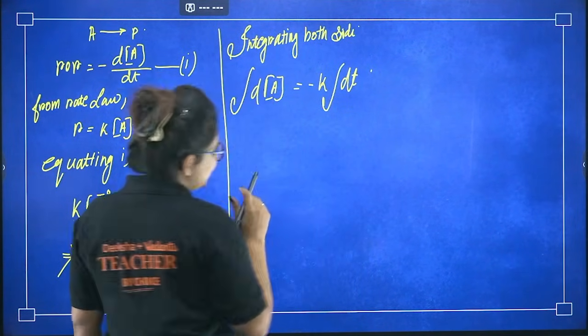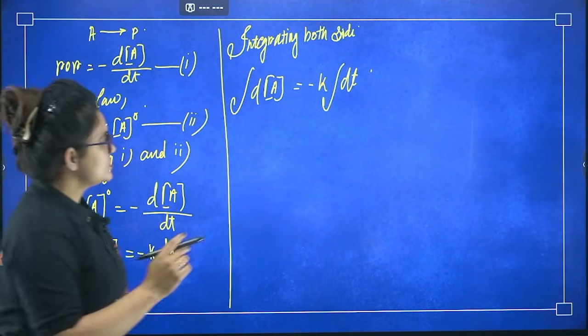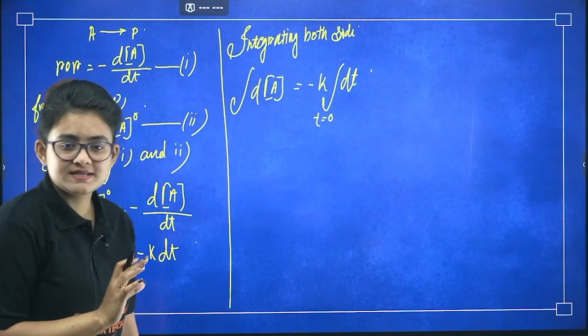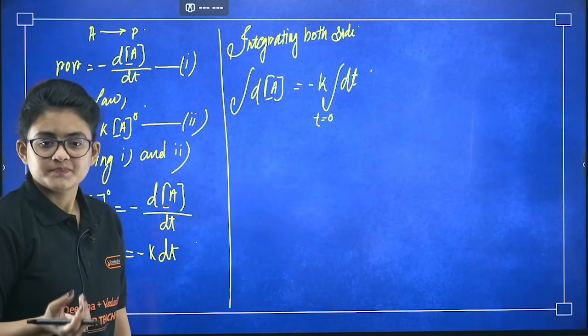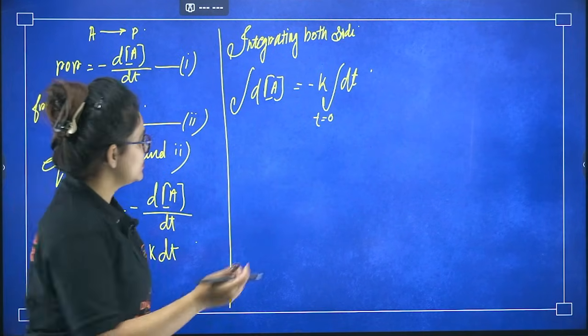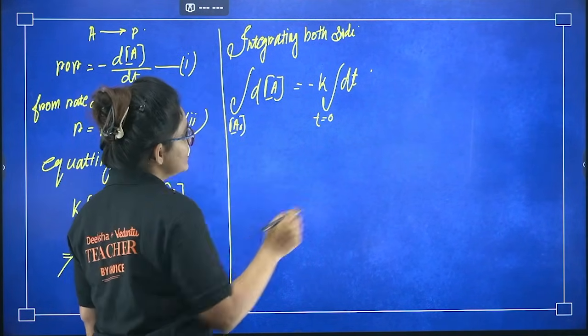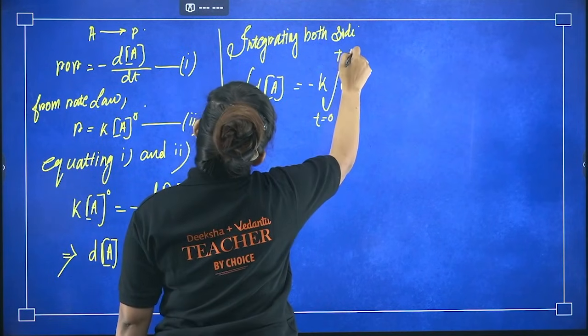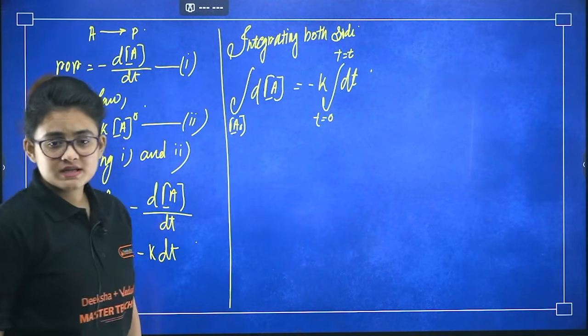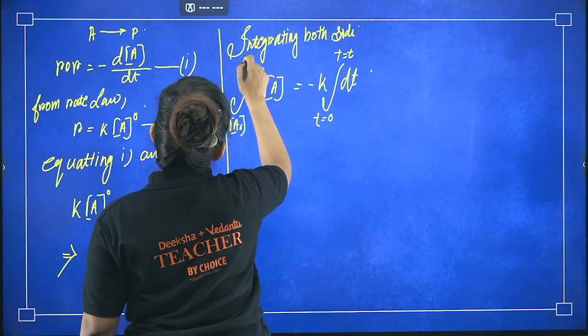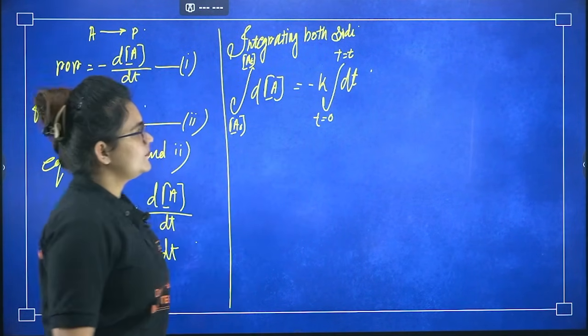Now I will put the limits here itself. When t equals 0, the reaction has not yet started. What is the concentration of A? A0, the initial concentration. So this should be A0, right? When t equals any random time, let it be t, what is the concentration of A? Let it be At or normal A. You can write anything, At.